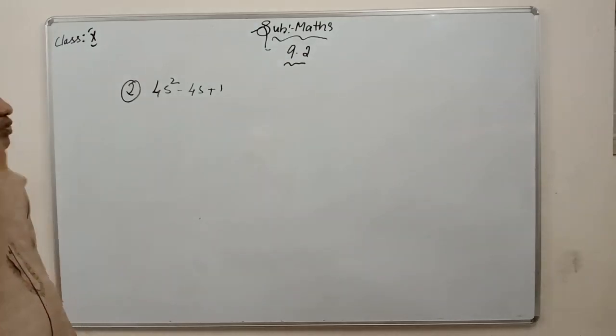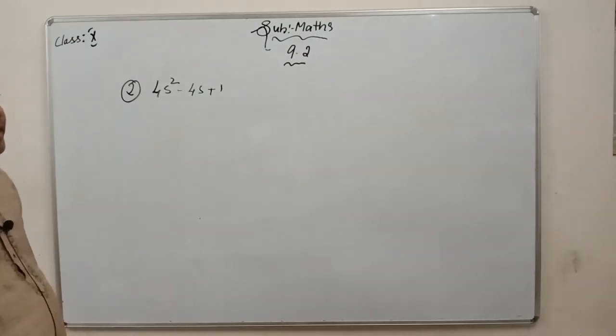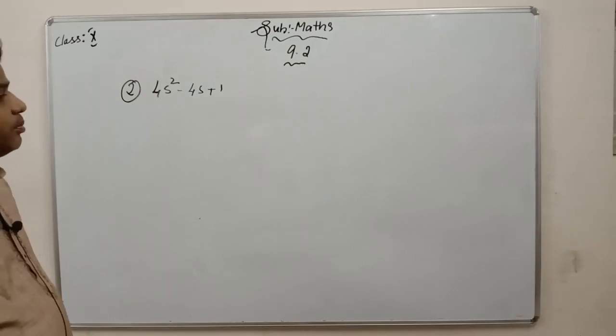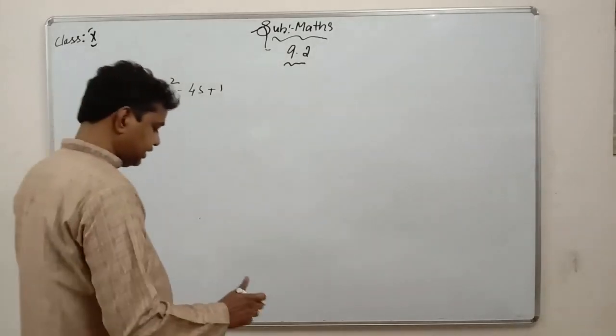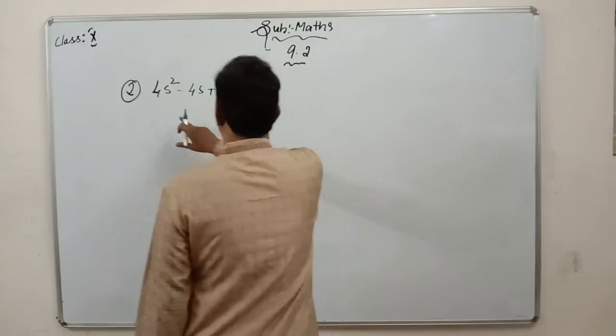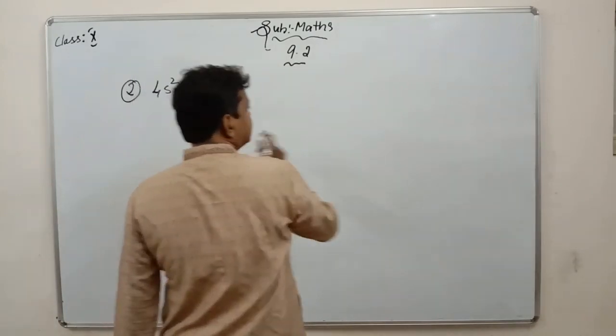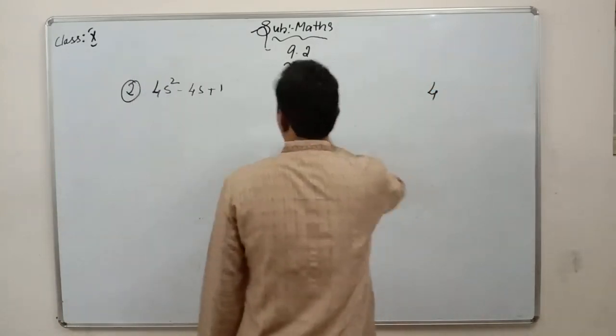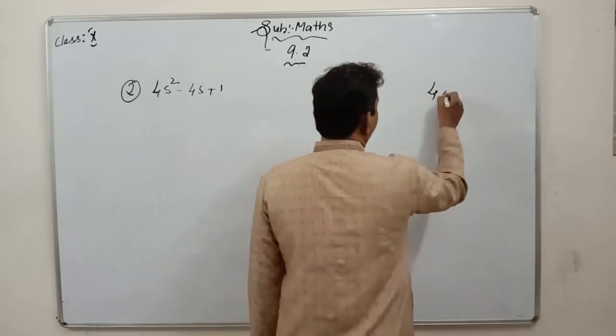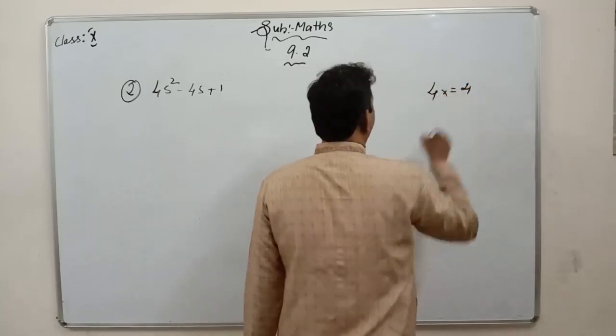So how will we write this one? I told you first find the zeros of the polynomial. So the first coefficient of s square is 4 and the last constant is 1. So 4 into 1 you will get 4 here.